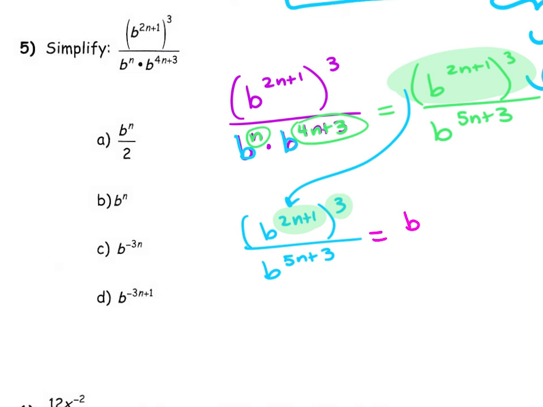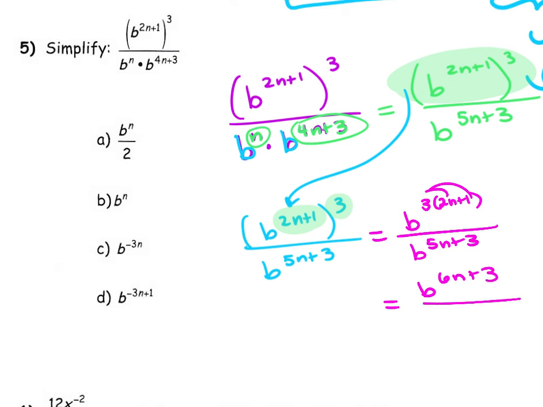So we can write this as b to the 3 times 2n plus 1, all over b to the 5n plus 3. Distribute. I'll get b to the 6n plus 3 over b to the 5n plus 3. And now this might look a little strange, but this is nothing we can't handle.